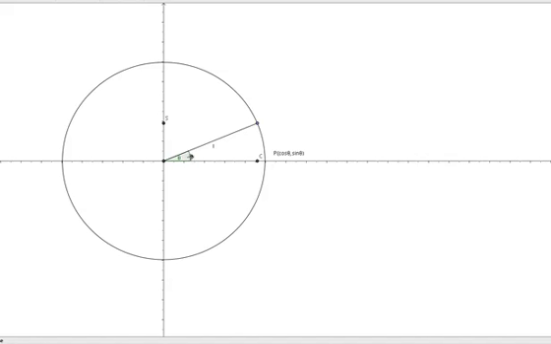So for instance, if I pick an angle of 30 degrees and look at this position, remember the sine of 30 degrees is going to be the y coordinate, that's just a half. And the cosine of 30 degrees is root 3 upon 2.